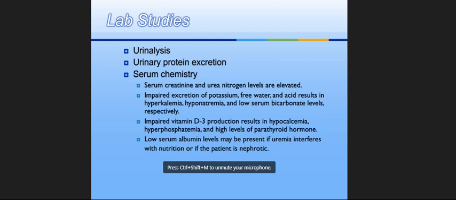Lab studies, the renal workup, which is urine analysis, urine protein excretion, which is called spot urine, or protein to creatinine ratio. In nephrology, we use the term urinary PCR, protein creatinine ratio. If the PCR is 3, this means the patient passes 3 grams of protein daily.